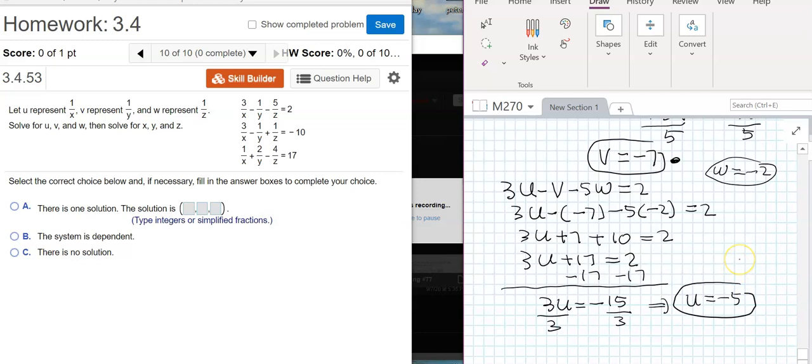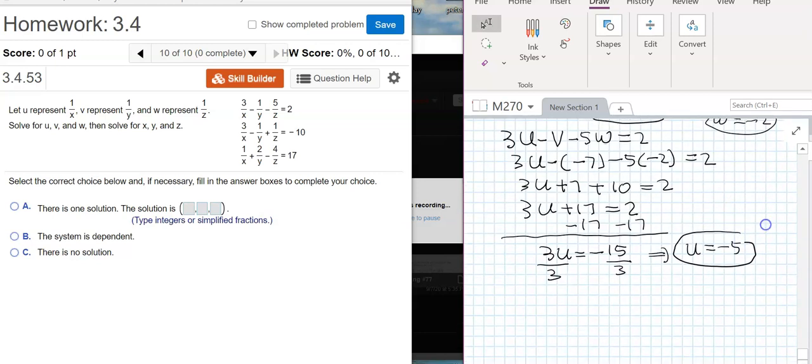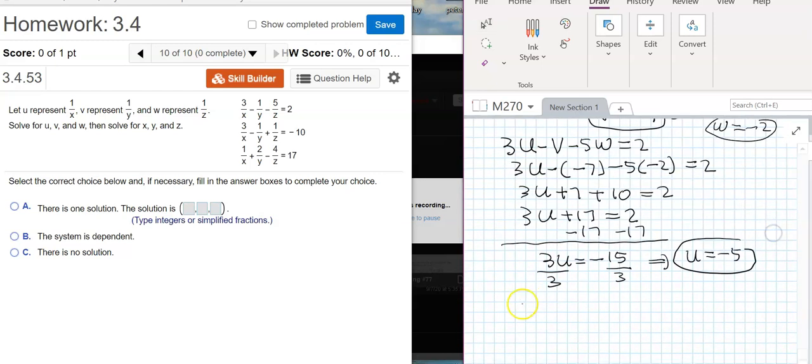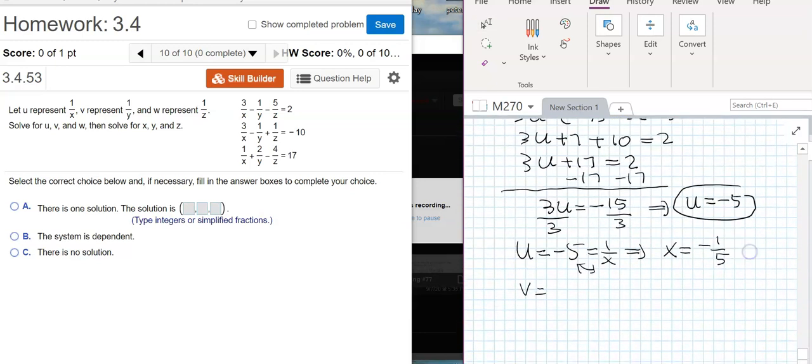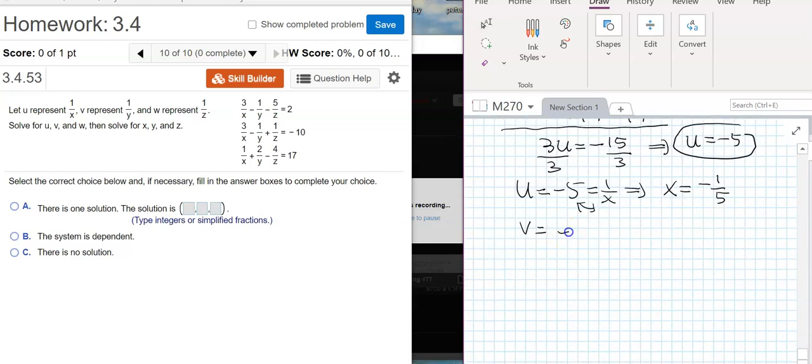But we're not solving for u, v, w. We're solving for x, y, z. What was u? u is negative 5, which is 1 over x. That means you flip it, so x is negative 1 over 5. v is negative 7, which was 1 over y.